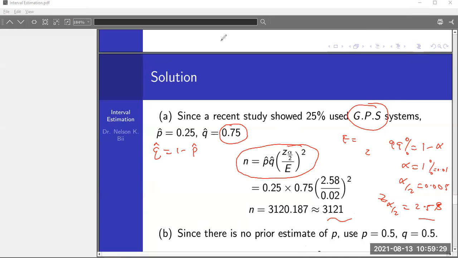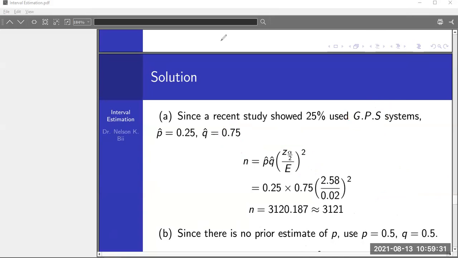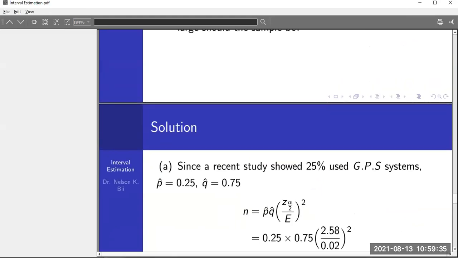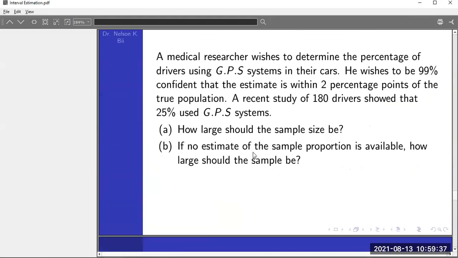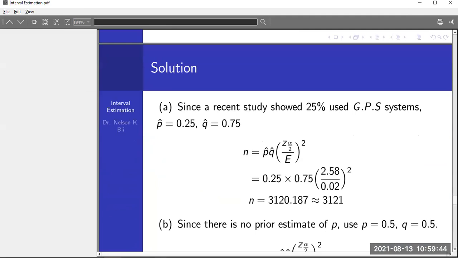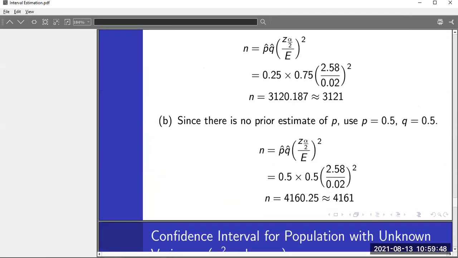And number 2, we're told if there is no prior estimate of the sample proportion, how large should the sample size be? Then you use the proportions of P and Q to be 0.5 and 0.5.